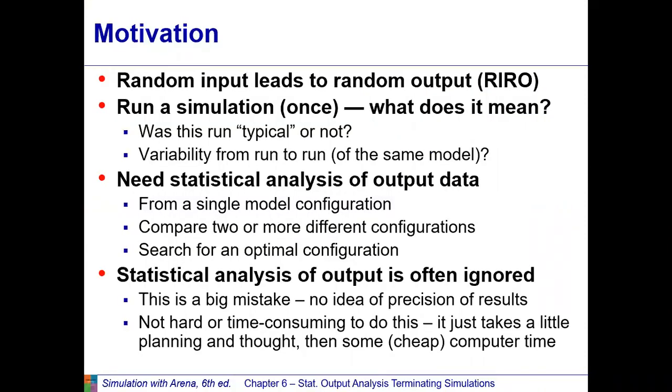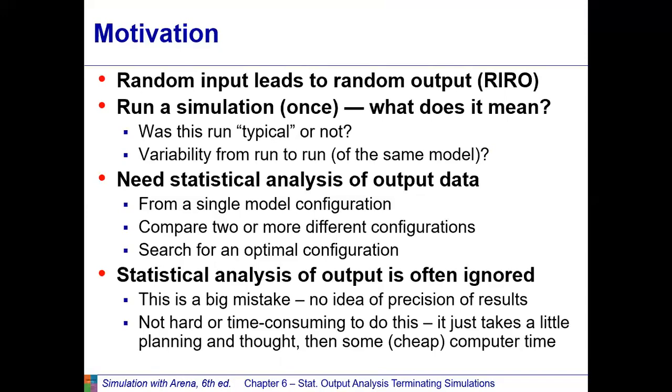So what is the motivation for statistical analysis? We have seen that on the input side of our logical model, we usually use probability distributions as inputs. If we fit a probability distribution to generate random variables for particular inputs, let's say arrival time or processing time and so on, it will lead us to outputs which are random too.